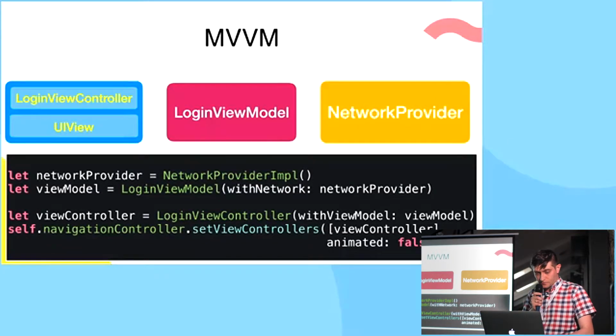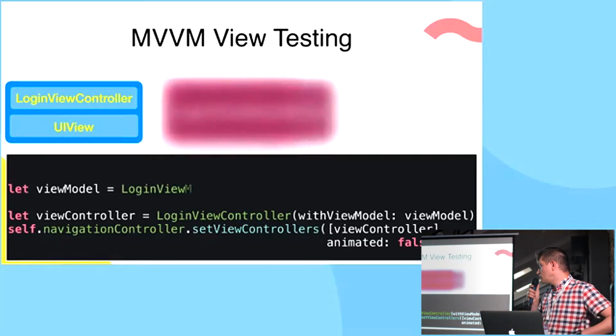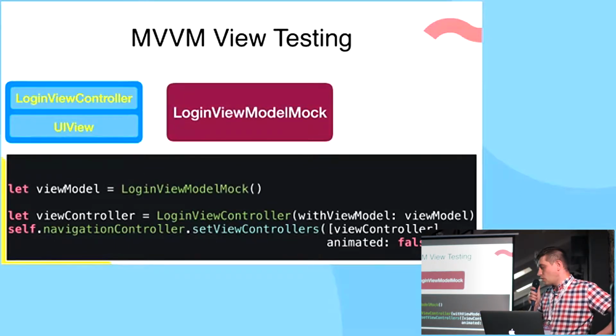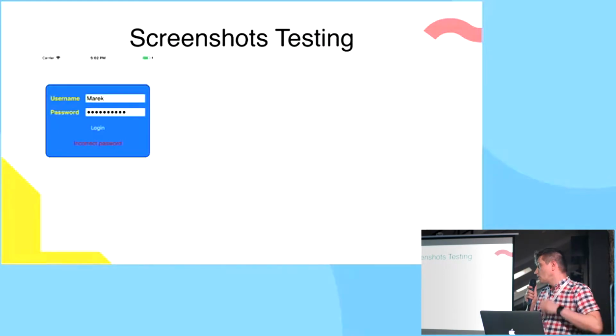So, for example, if we want to test the view part, we can replace the login view model with a login view model mock. By the way, this is the best way to perform what we call screenshots testing. This is our favorite method for checking if recent changes in code didn't cause unexpected changes on the view. How does it work?